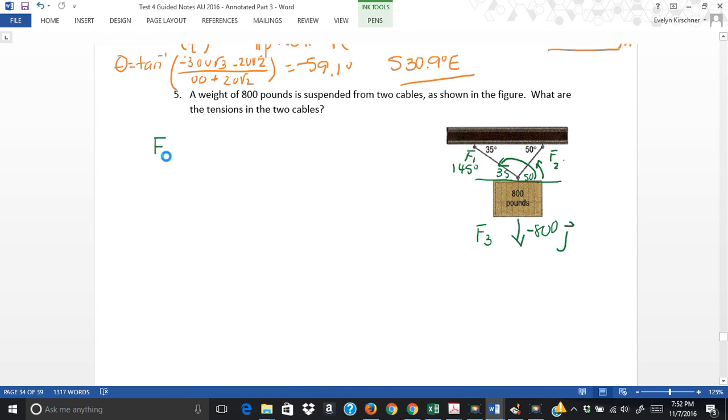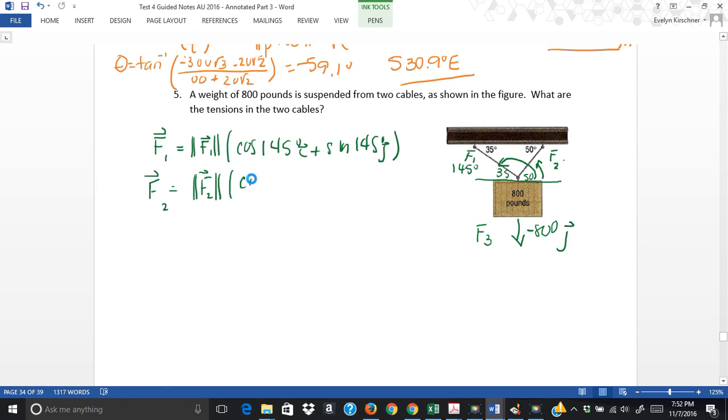I know that F1 equals the magnitude of F1 times cosine of 145 degrees I plus sine 145 degrees J. And I know that F2 is the magnitude of F2 times the cosine of 50 degrees I plus the sine of 50 degrees J. And then my F3 is negative 800 J.